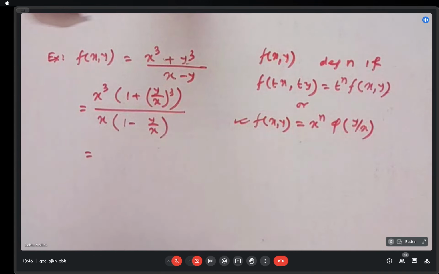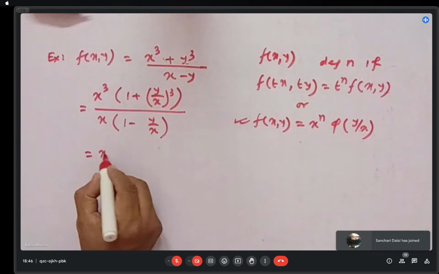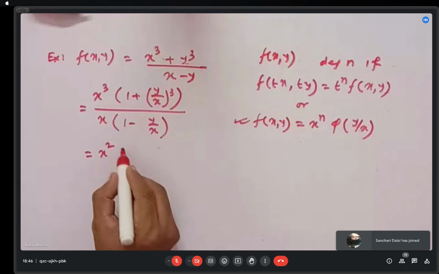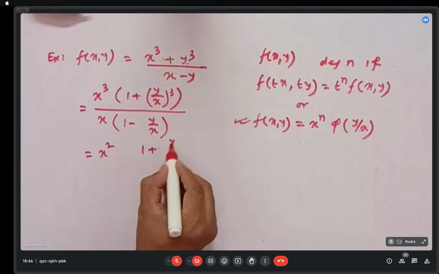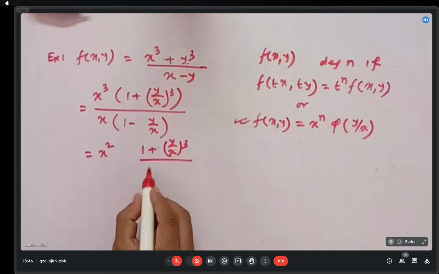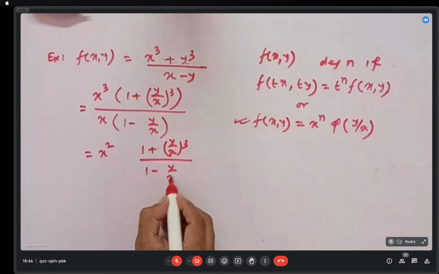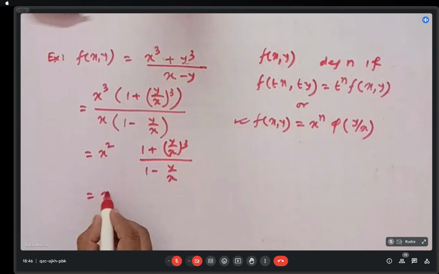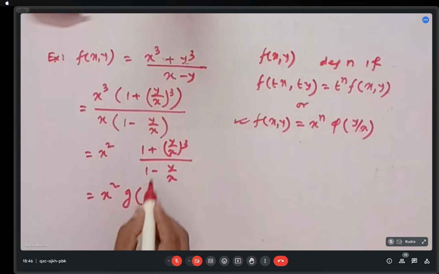So we are getting x to the power 2 into 1 plus y by x whole cube divided by 1 minus y by x. So it is x square, and this is some function of y by x.